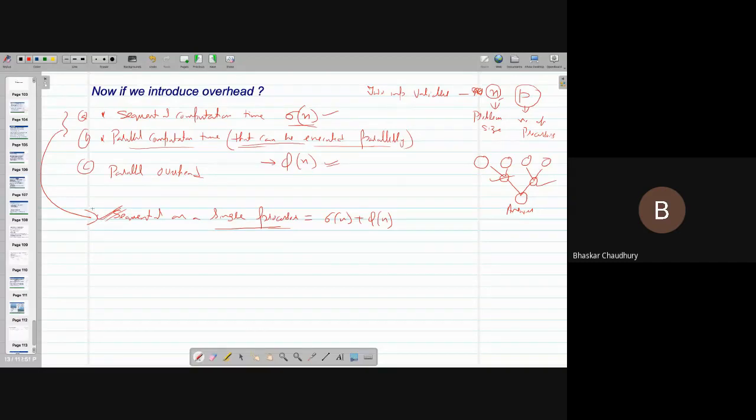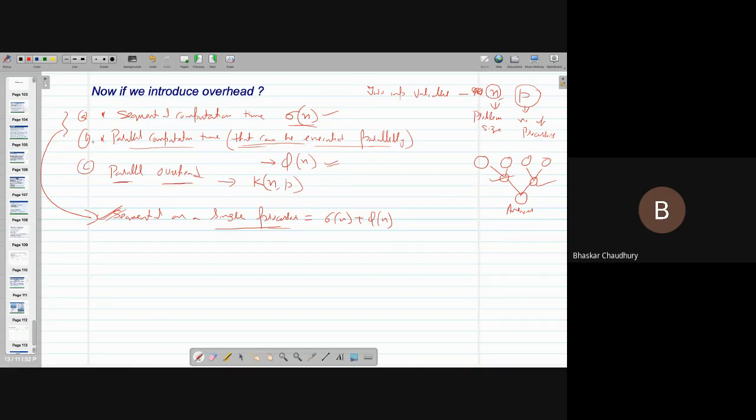Before we go to this statement, let us first complete this parallel overhead. Now I am introducing a new term and I am calling it parallel overhead. Let's denote it by k. So k is going to be a function of n and p, because this is parallel overhead.